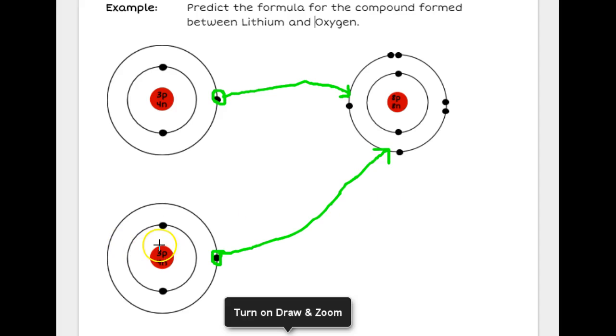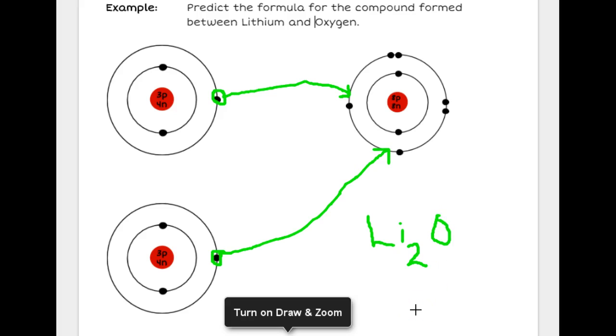As I can see, I have 2 lithiums needed to neutralize 1 oxygen atom, so the formula that results from the combination of these atoms is going to be Li2, representing the 2 lithium atoms, and then O. That's a messy O, but there we go.